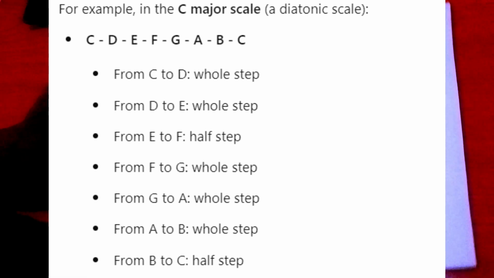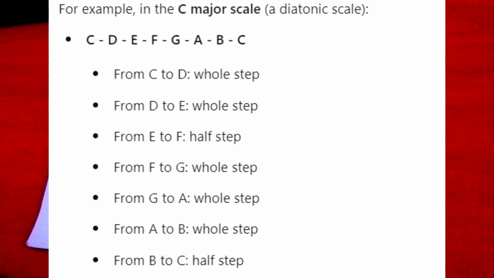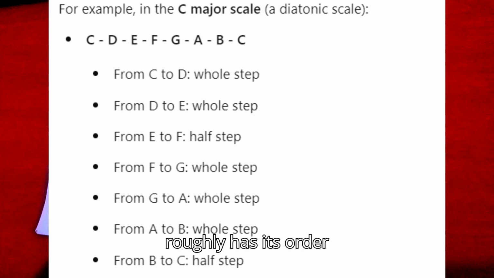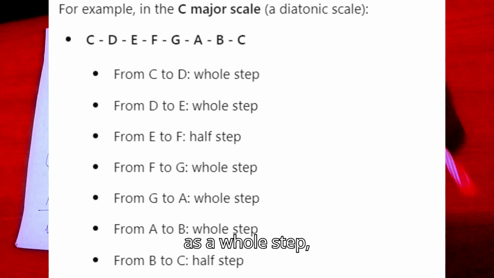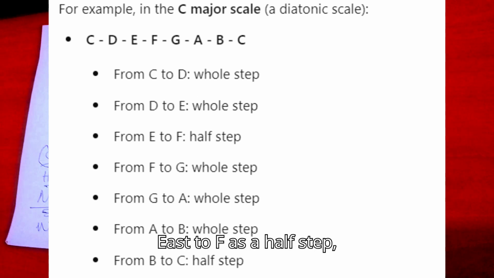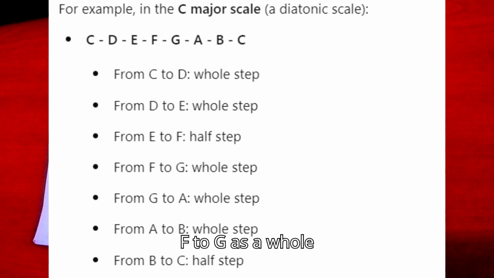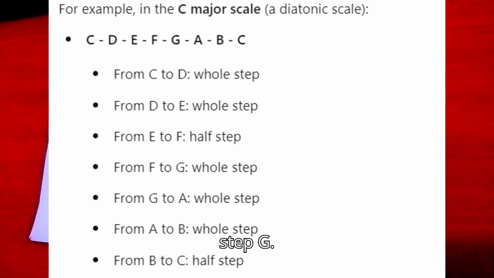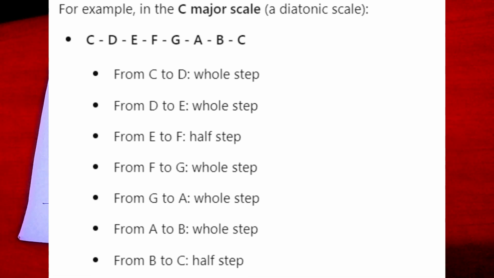Now, to wrap up, we say that this scale of C major roughly has its order being C to D as a whole step, D to E as a whole step, E to F as a half step, F to G as a whole step, G to A is a whole step, A to B a whole step, and then B to C a half step.